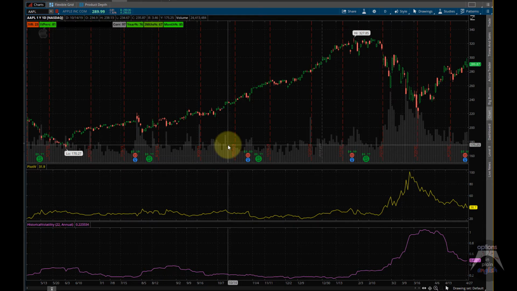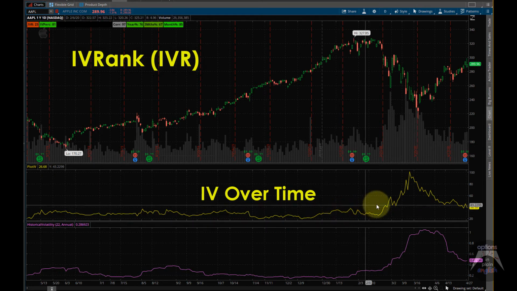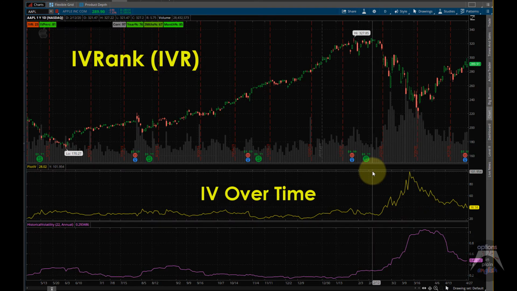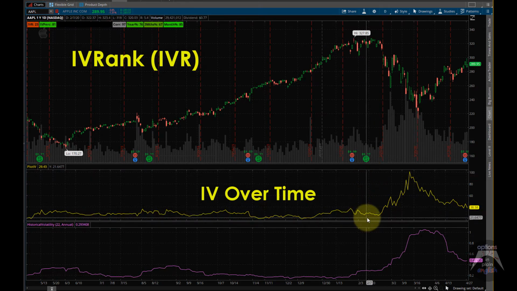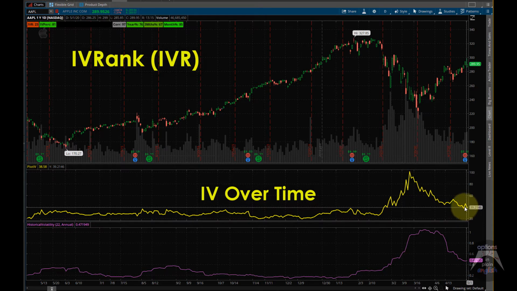Now we're going to start looking at relative values of implied volatility. And the next one coming up is IV rank. Now, IV rank takes the implied volatility value that we mentioned before, the IVX or the IV. It analyzes it over time, and it tells you, if we were to make a scale from 0 to 100, where is the IV value in that scale?